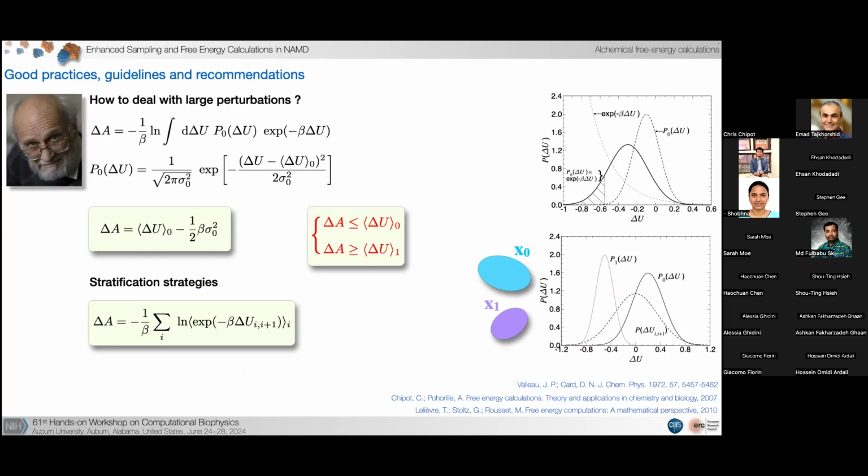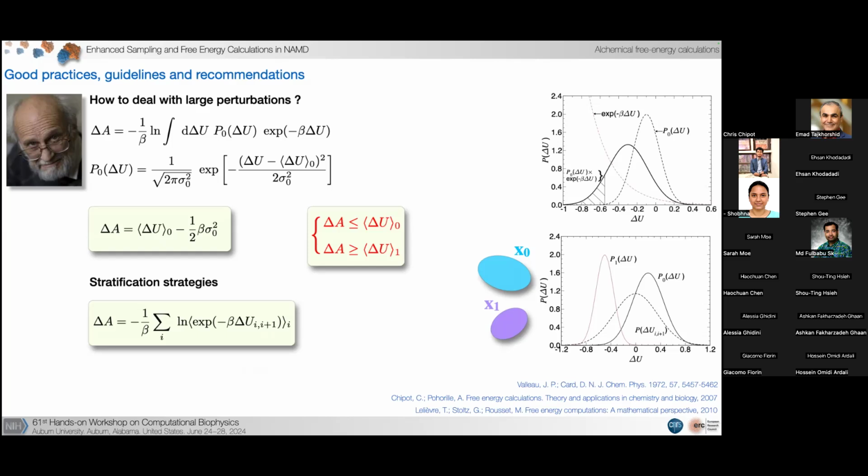And so my perturbation formula now is expressed as this integral here. I'm integrating over delta U's, and I have this histogram here of delta U's, different states that I'm visiting having a certain energy delta U times the Boltzmann weight, okay?